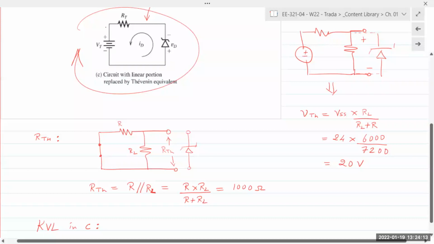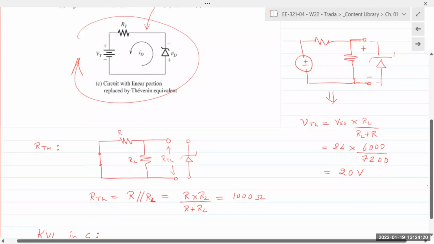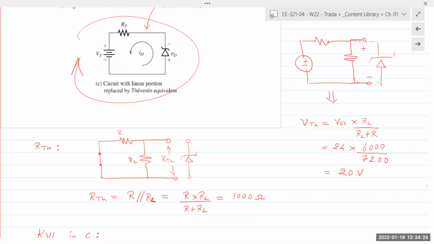Right, minus minus, current's flowing in the opposite direction. Note why I am taking minus. The anode of the diode is always the positive reference. It doesn't matter what kind of diode it is.